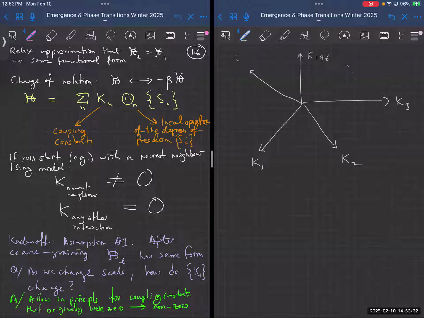So this is coupling constant space. What do I mean by coupling constant space? I mean you enumerate all possible local operators.